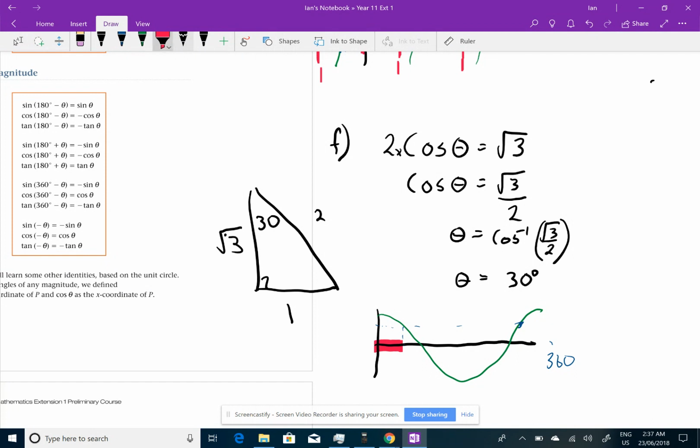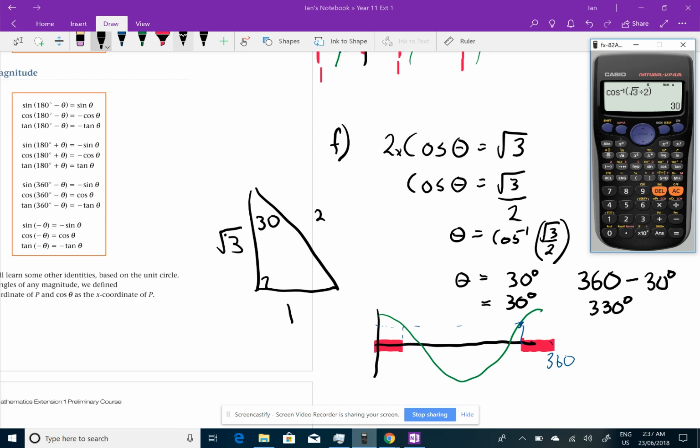But I know that that distance is the same as the acute angle. So to find the other one, I just go 360 minus the acute angle, 30 degrees. So my answer, or answers, are 30 degrees and 330 degrees.